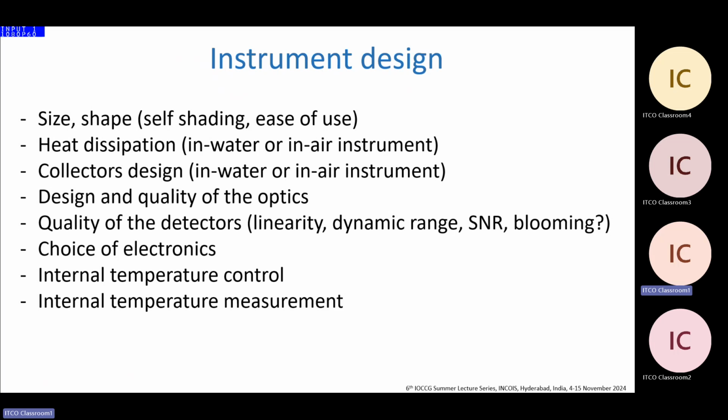Yeah, there's things to consider like heat dissipation. It would be lovely to have very high sensitivity electronics, but you're going to dissipate more heat. If you're in a battery style scenario, that's not a good thing. Yeah, so there's a whole bunch of things that go into instrument design, quality of the detectors, the linearity, how linear that count response or that voltage response is to the photon flux.